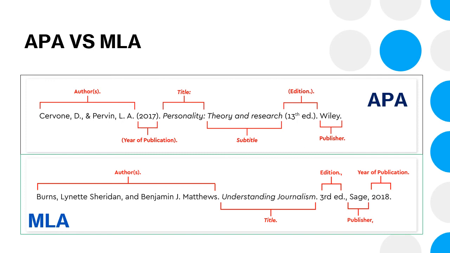So here you can see a clear picture of how both styles are different. And as I mentioned earlier in my video, there are more than 8,000 styles. So you can think about how these styles are different from one another.